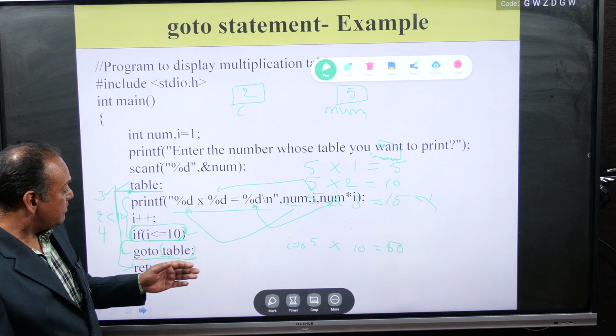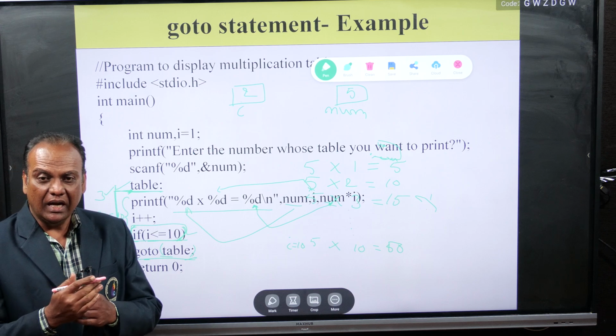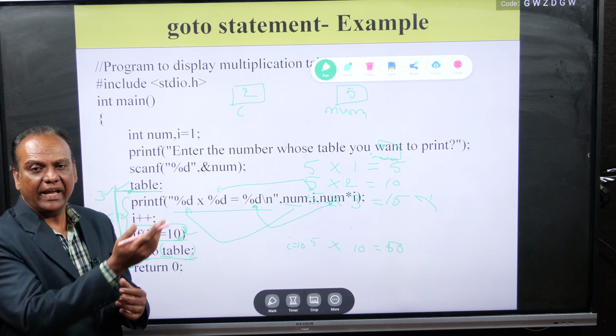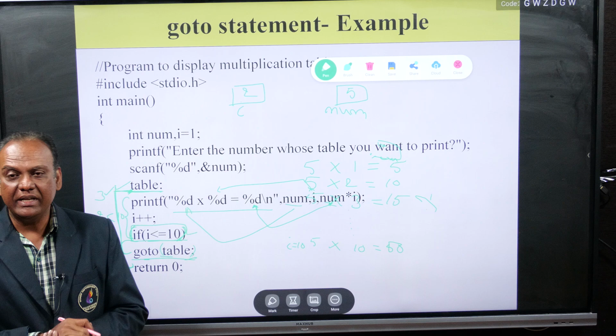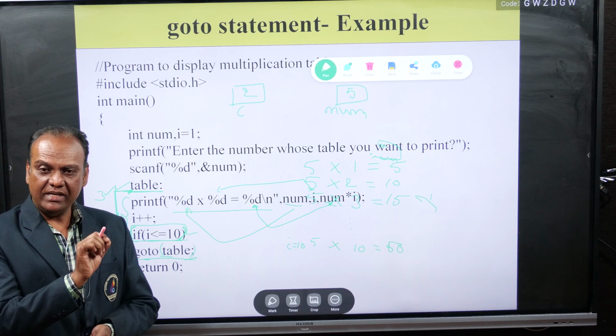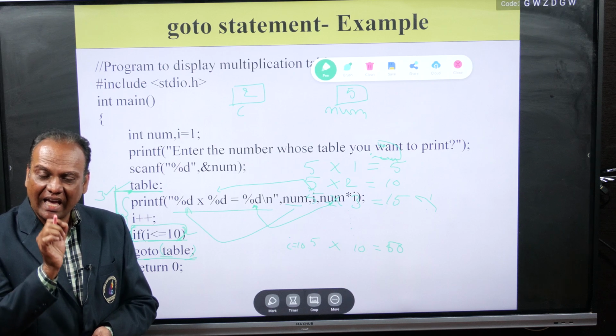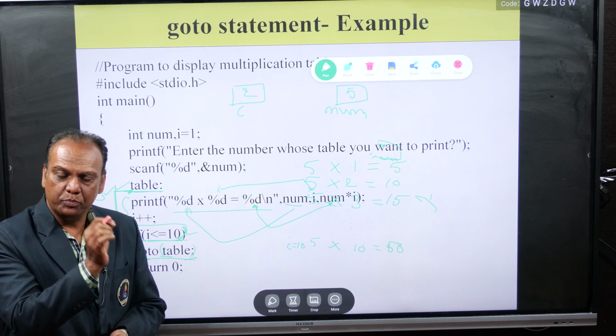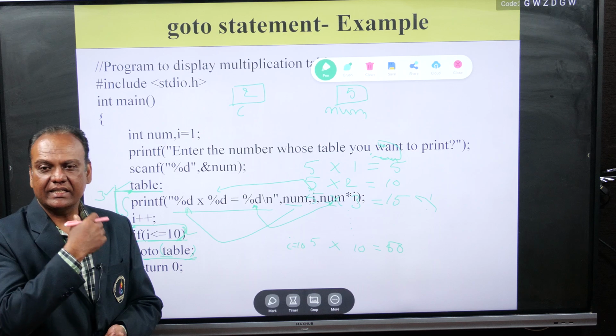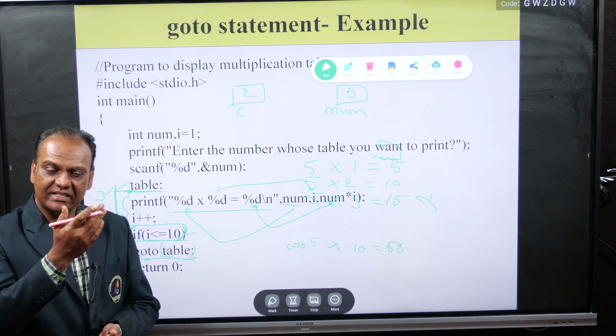So the goto statement is used to jump unconditionally anywhere in the program. The break statement and continue statement are also jump statements, but they have to be used in a loop, whether it is an entry control loop or an exit control loop.